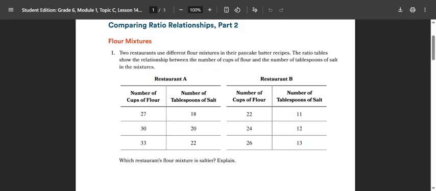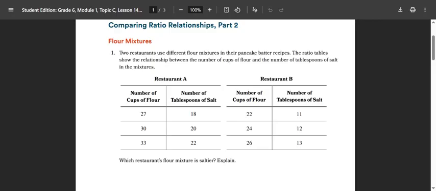So I look at the two tables and I don't see any ratios that are the same. But I look at restaurant A's bottom row and I see a 22 here, right? And I know in restaurant B's top row for tablespoons of salt, there's an 11.